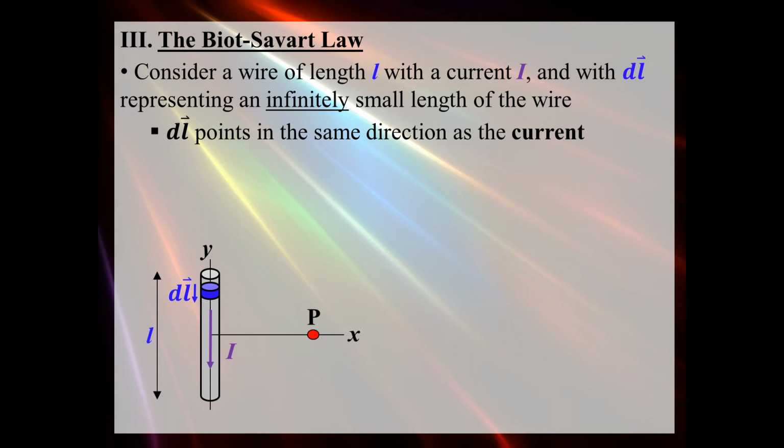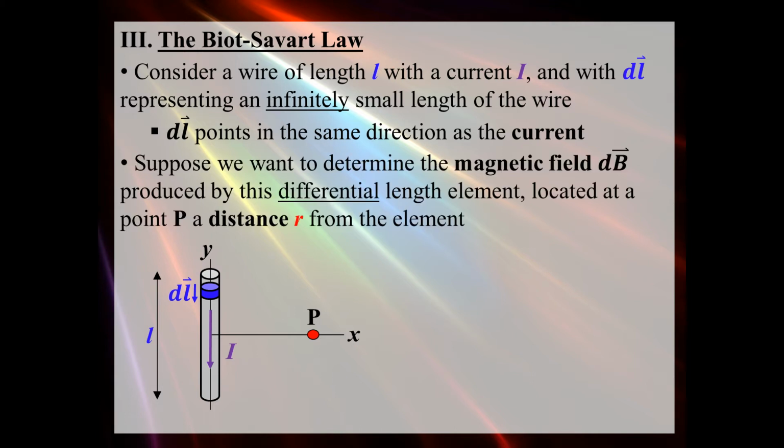We want to figure out what the magnetic field is at point P due to that little differential element. So that's what we're going to attempt to do here. We want to determine the magnetic field, dB, produced just by this differential length element, not for the entire wire.